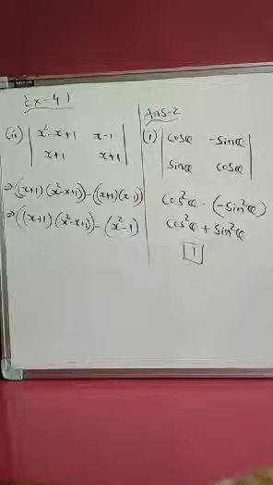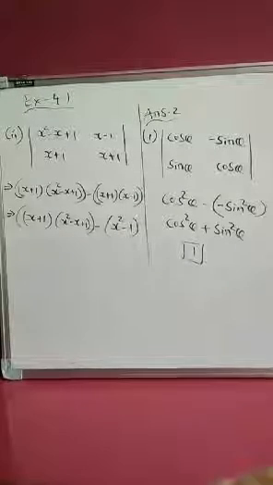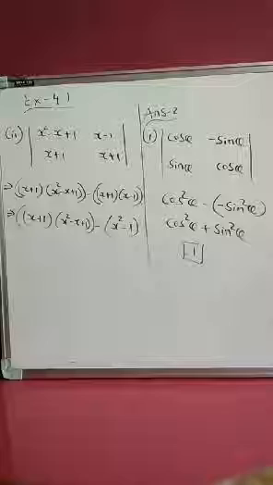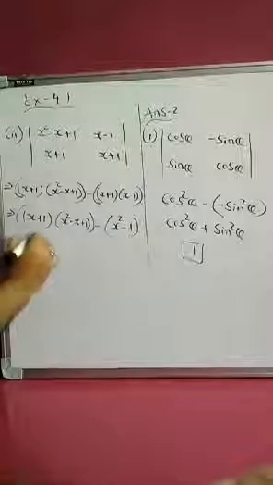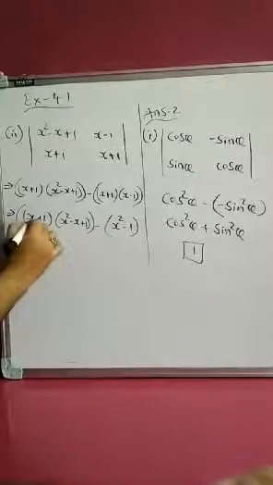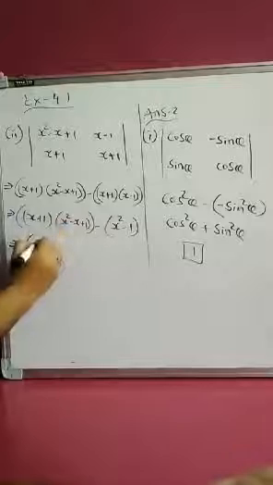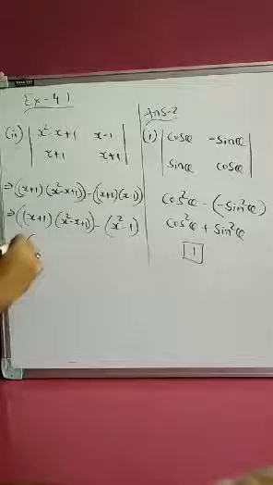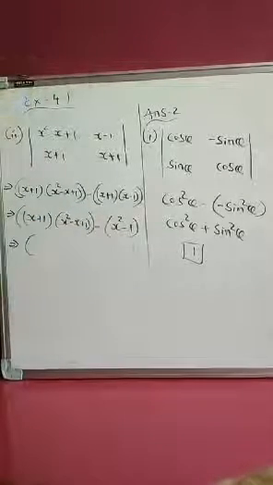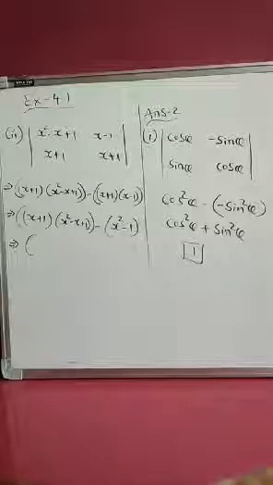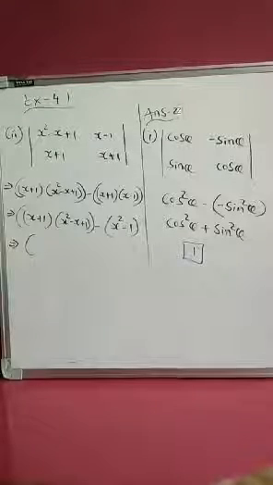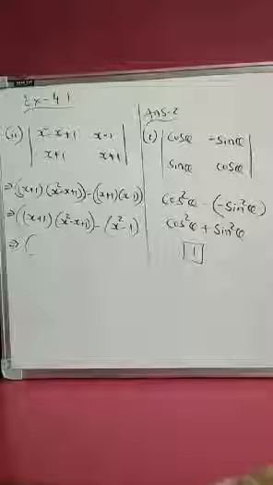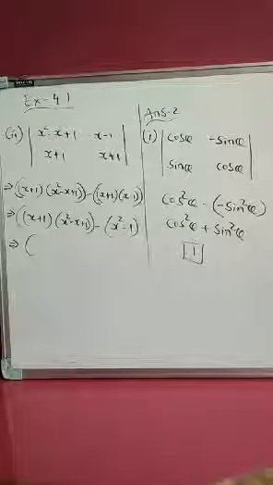After doing this, this is the formula for a cube plus b cube, or a cube minus b cube. You have to remember that formula, a cube plus b cube or a cube minus b cube.